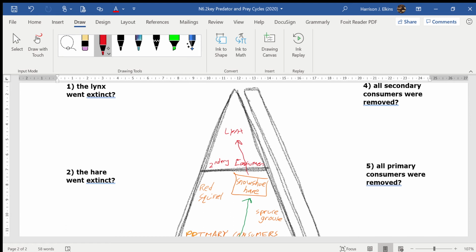And you have less energy up here, which is why we have a narrower top here. A lot of the energy is being lost as heat. And over on the side, what are we going to put on the side of this? Let's put decomposers, because they would get energy from all parts of the pyramid. And let's put detritivores.